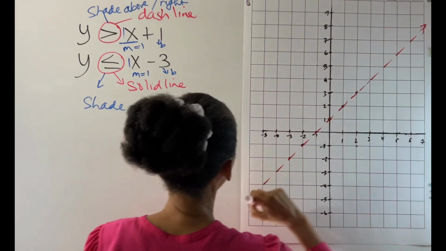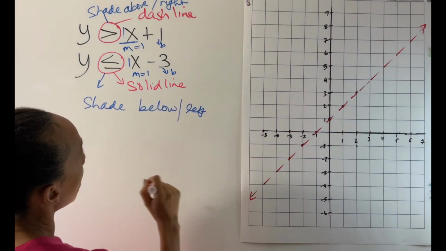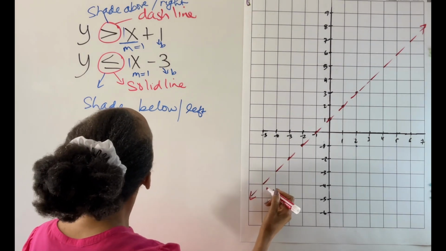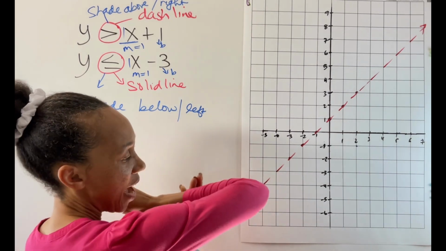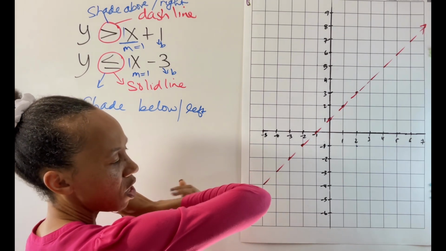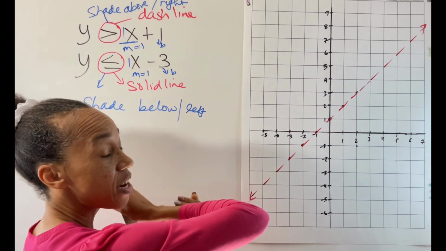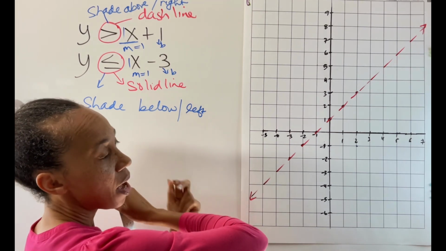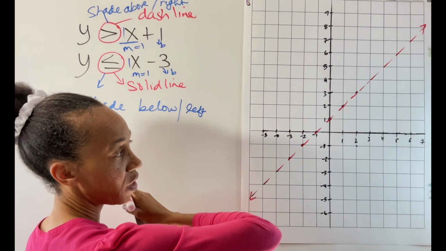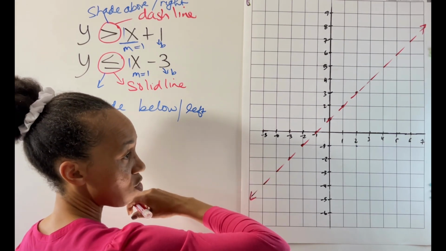And once you create the dashed line, you can now shade, and it is shading above because it's greater than. If you are right-handed, you can use your elbow here as a guide to tell you where to shade and what the inequality means. Because you are a right-handed person, this is your dominant hand that you write with.